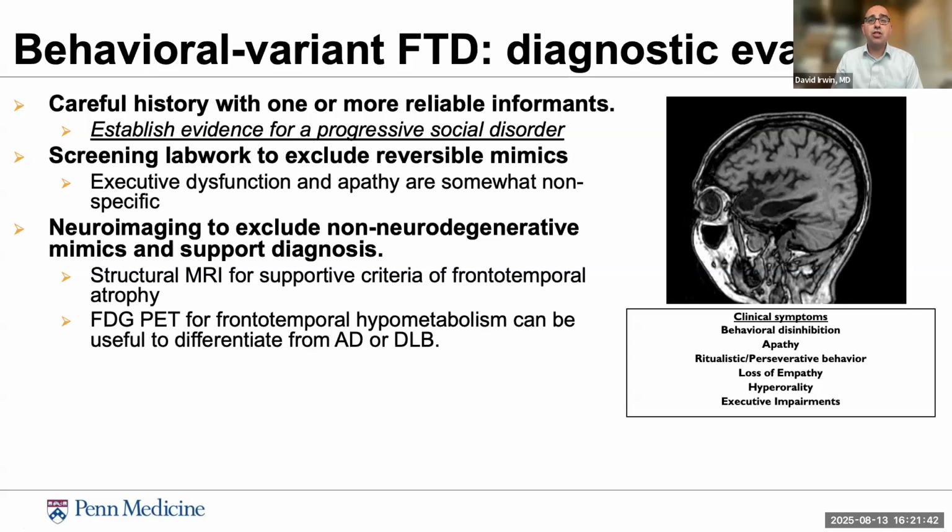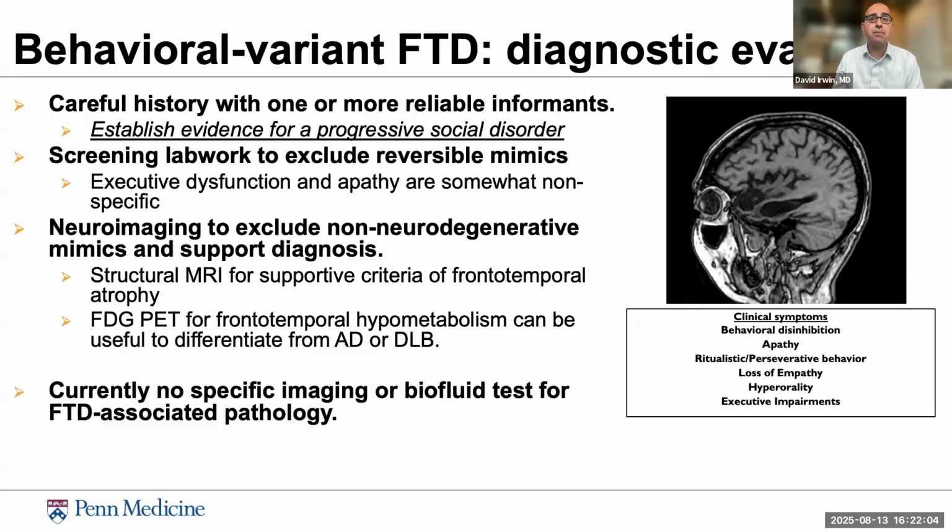Functional imaging with FDG PET can be also helpful and supportive for the diagnosis by looking at the patterns of hypometabolism. If structural MRI is ambiguous, looking at the patterns of hypometabolism can help differentiate from Alzheimer's disease or dementia with Lewy bodies, which can present with executive and sometimes neuropsychiatric features that can be similar to FTD.